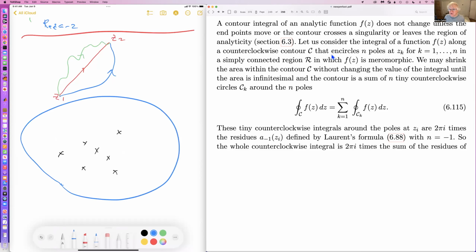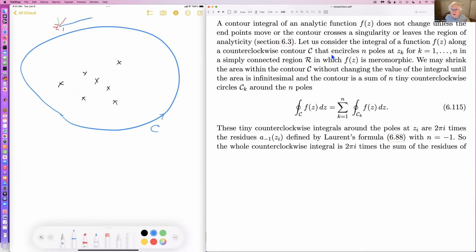That's the initial contour, and we're going to call that contour C. So we can consider this integral along this contour C of f of z dz. Well, this is not going to be zero because although f of z is analytic on the contour and near the contour, it has singularities inside the contour.